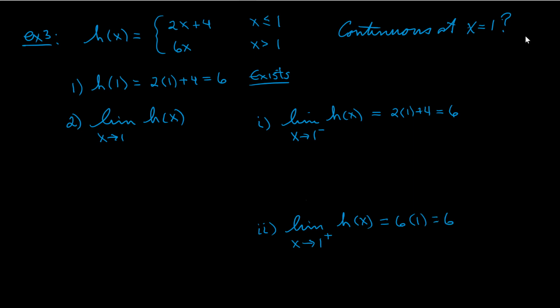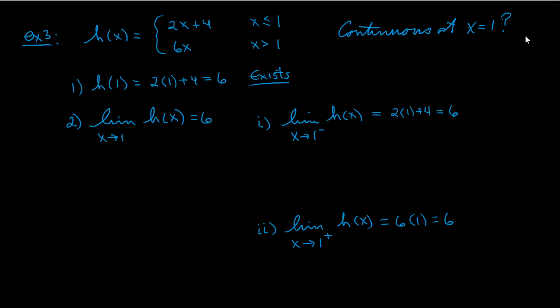Now notice here that the left and the right-hand limits are equal. If the left and the right-hand limits are equal, that tells us that our limit exists and it has a value of 6. Okay, so there's step 2.